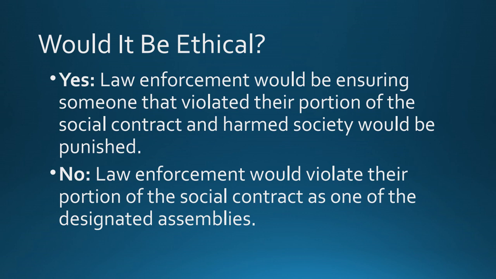They're not abiding by the rules established, the Constitution, case law, statute. And they're also, by violating someone's constitutional rights and not doing what they're supposed to be doing as a designated assembly, not being a role model to society. How can you enforce the social contract when you're not even following it?